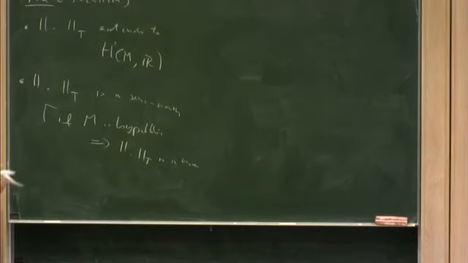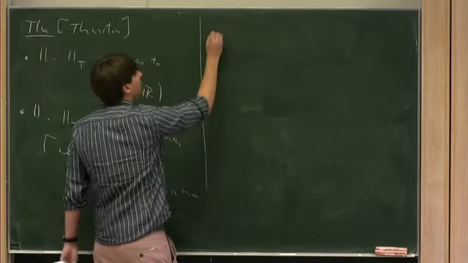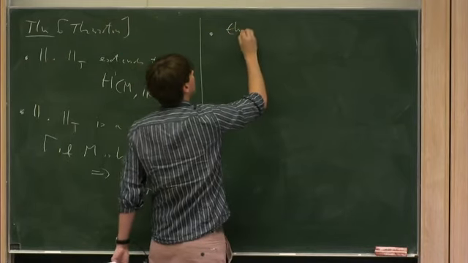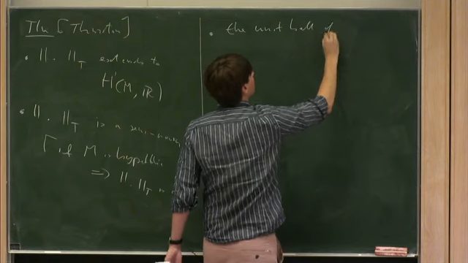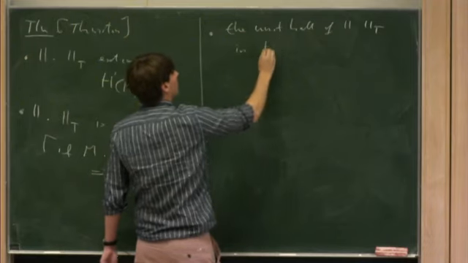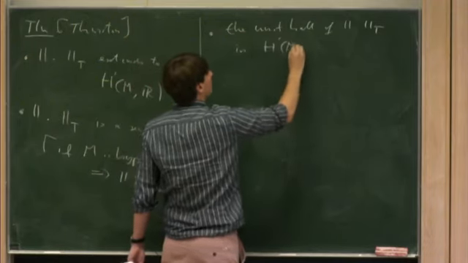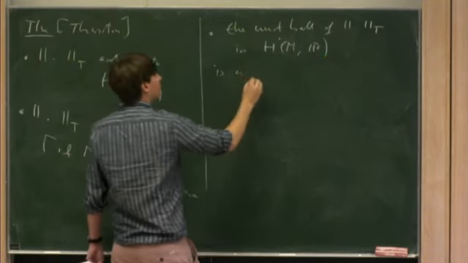Now, the unit ball. If you have a norm or a semi-norm, you can study its unit ball. So the unit ball of the Thurston norm in H^1(M;R) is a finite-sided polytope.